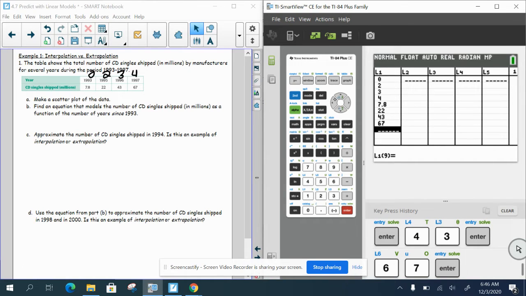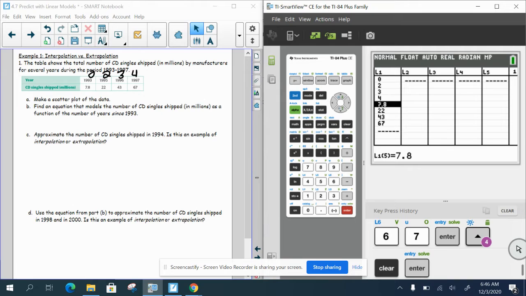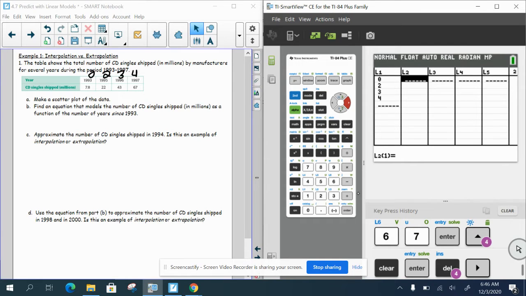Oh, what am I doing? I messed up here. I did not want to do this. All right, so if you want to just get rid of a single item, you just press delete. Delete, delete, delete.